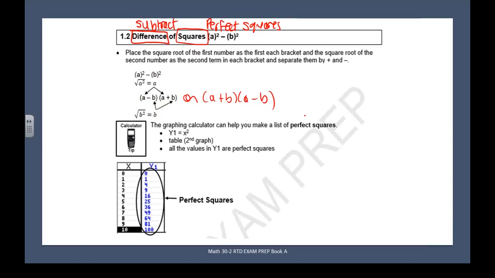So the other thing that I want to refresh your memory on is when you take the square root of a variable. So if I take the square root of a variable raised to an exponent, the answer is going to be the variable to the exponent divided by 2.